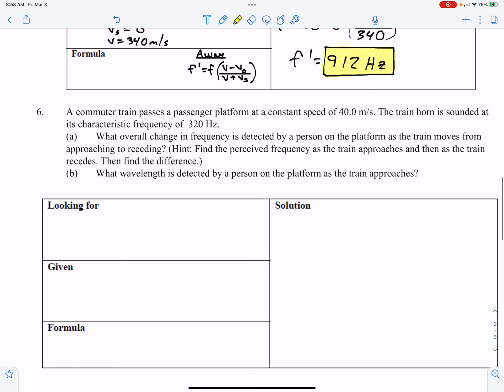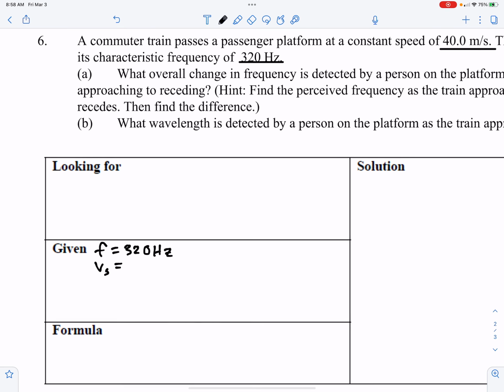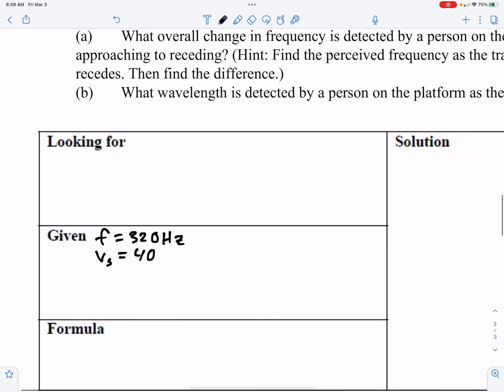We have a commuter train passing a passenger platform at a constant speed of 40 meters per second. A train horn is sounded with a characteristic frequency of 320 hertz. So we are given the actual frequency of the sound, and we are given the velocity of the source at 40 meters per second.